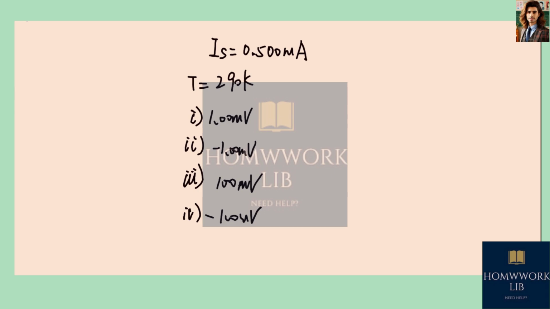In order to solve this question, we need to first pull out the equation of a PN junction. For a PN junction, the current that goes through it is a function of the saturation current, voltage, and temperature.